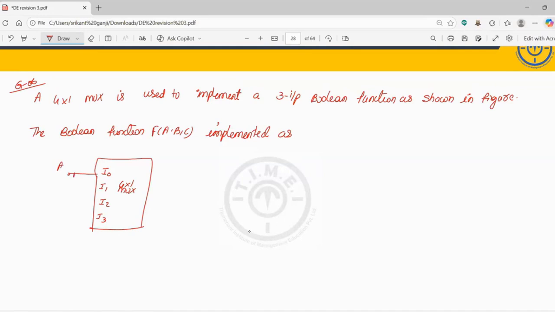This is A. So this is 1 here and this one is 2. There are two selection lines, one is S0 and S1, or I can say the AB here. The output is the f of A comma B comma C.